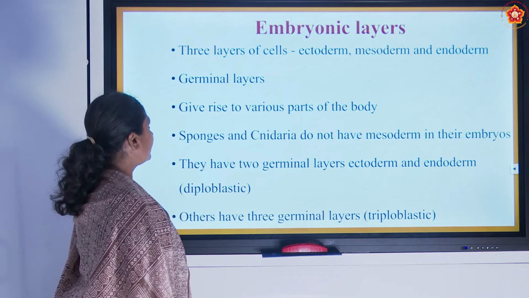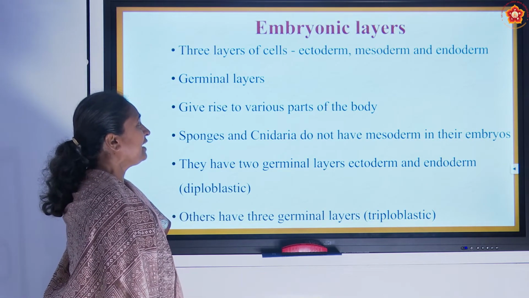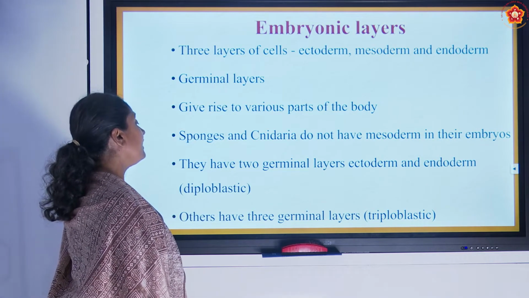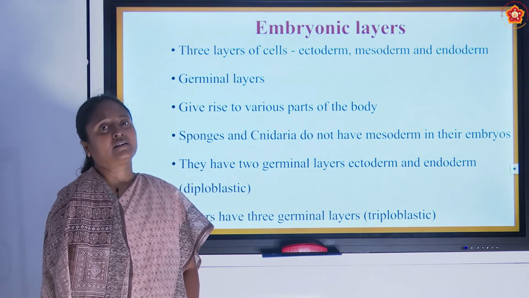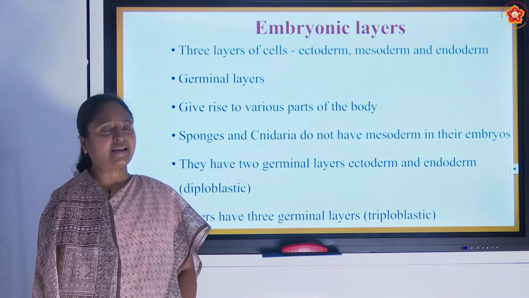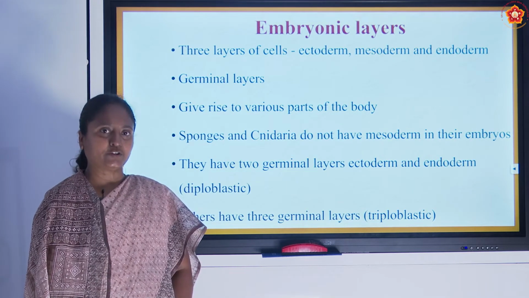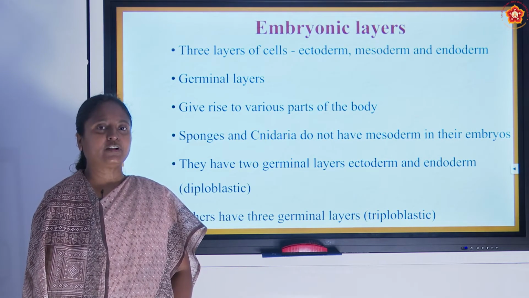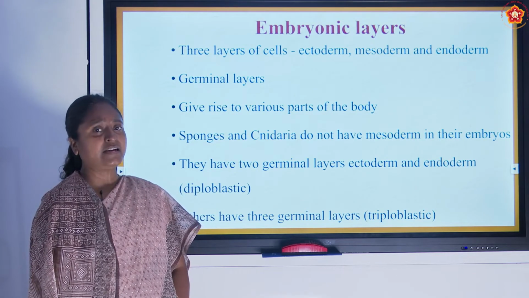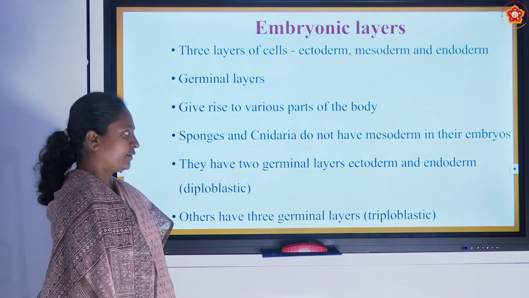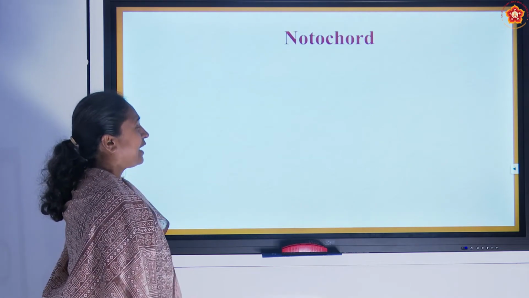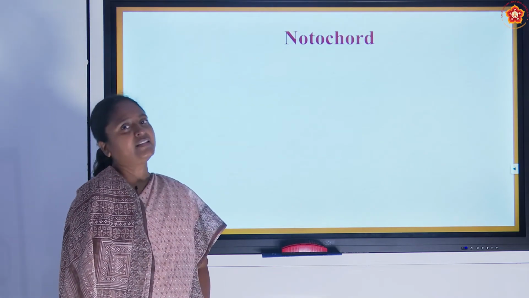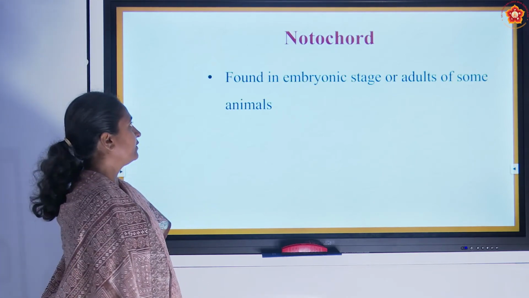Now, what is the next thing? All the other organisms have three different germinal layers. They are ectoderm, endoderm and mesoderm. Since three different layers are present, they are known as triploblastic animals. Now, based on the notochord, the animals can be classified.